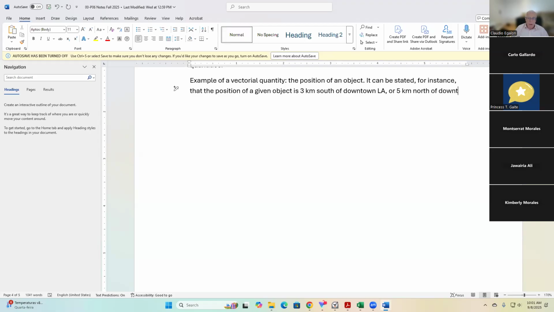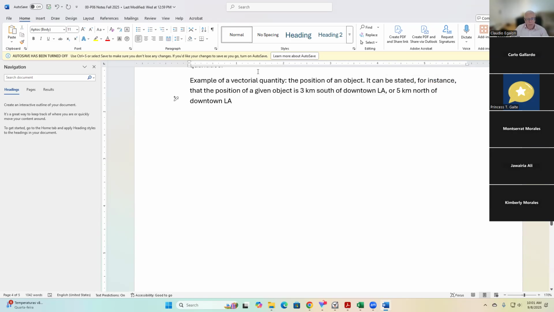Here we are specifying the magnitude of this position, and we are also specifying its direction with respect to a given reference, which is downtown LA.